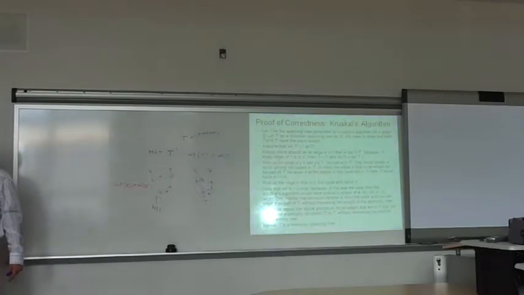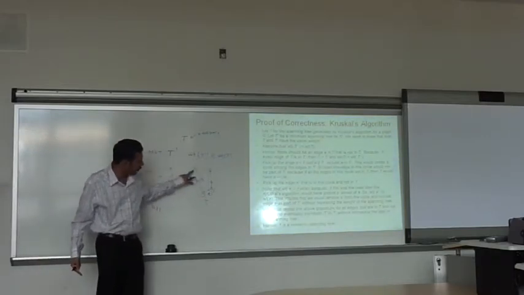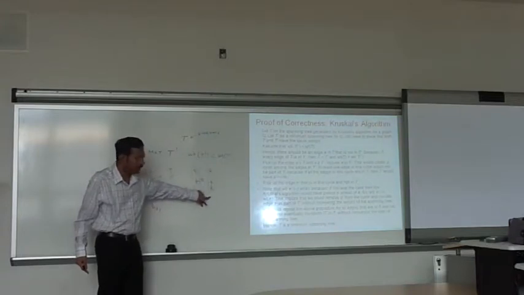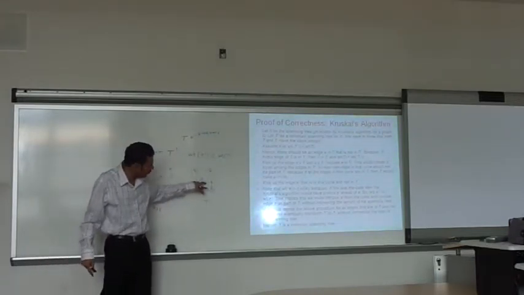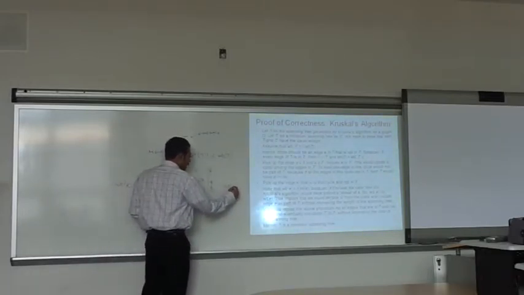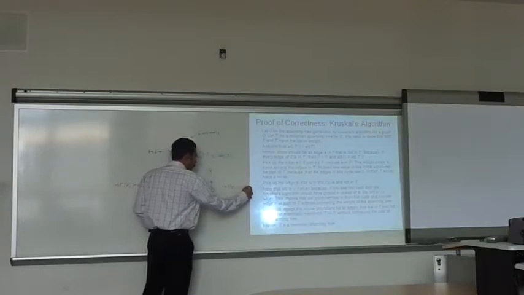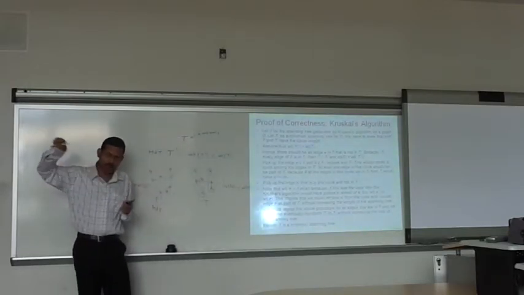In increasing order of edge weights, right? So if our Kruskal's algorithm gave us this tree where E prime was not there, because E prime is here and not here, that's our assumption, and E is there, which means the weight of E has to be less than the weight of E prime, because Kruskal's algorithm considered edges in increasing order of edge weights.